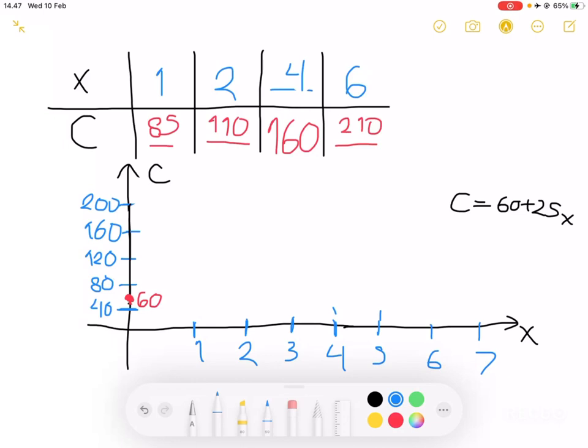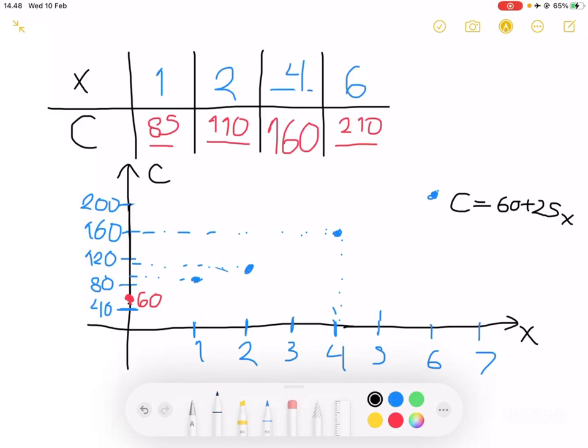So when x equals 1, C is equal to 85, which is around right here. 85 is somewhere between this. x equals 2, C is equal to 110, somewhere right here. And then we have x equals 4, which is 160. So let's just draw some dotted lines. And we have x equals 6, C equals 210, which is slightly above 200, somewhere right there.